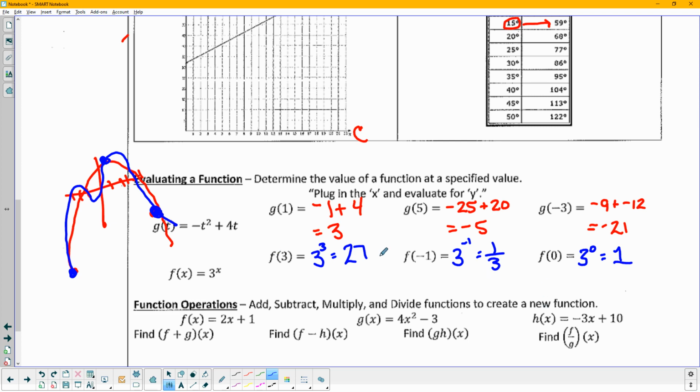So just in what I know, and again, I'm only going from -1 to 3, but I know that this graph somehow at -1, it's 1/3. At 0, it's 1. And at 3, so not very far away from that, all the way up here somewhere, 27.